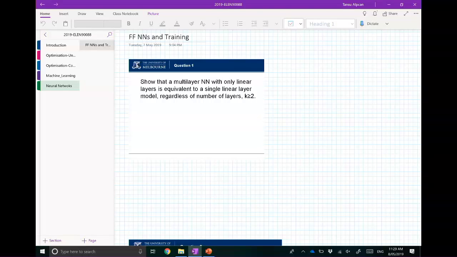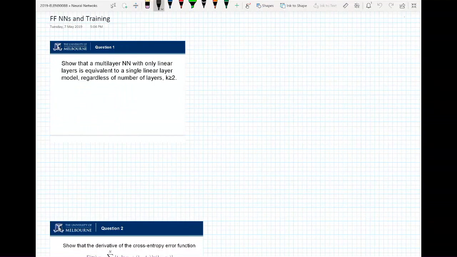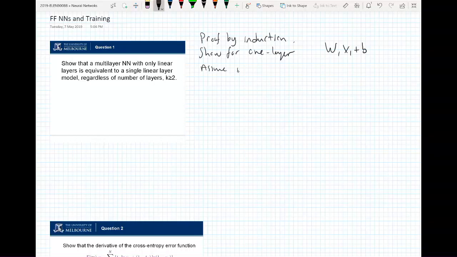We can use mathematical induction. Proof by induction. We show it for one layer. If we have one layer, we have W1 x plus b, that's linear. Then assume it holds for k layers.